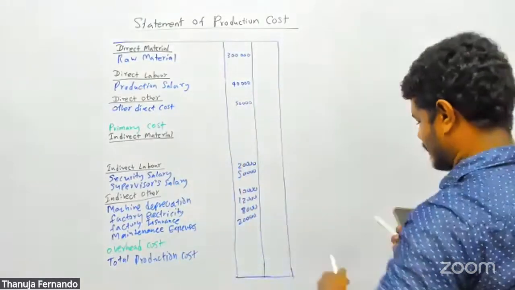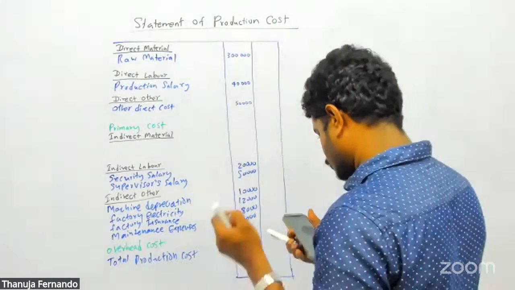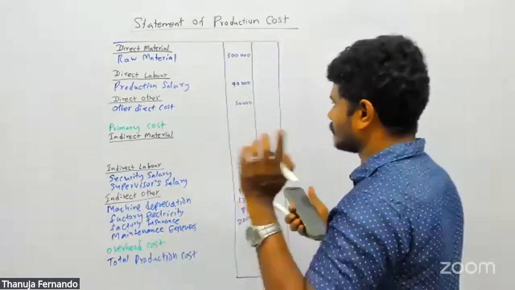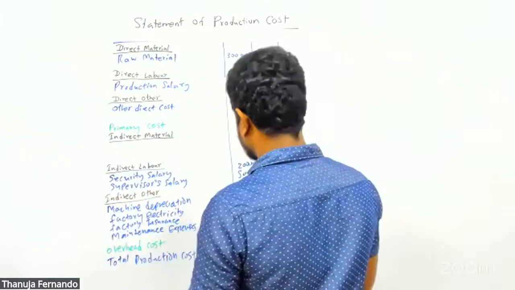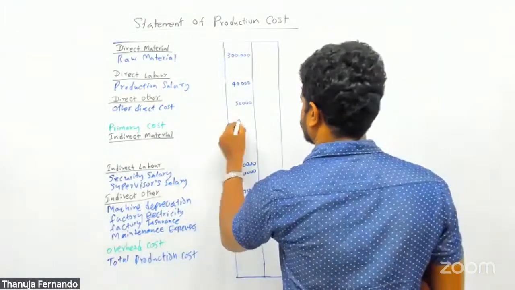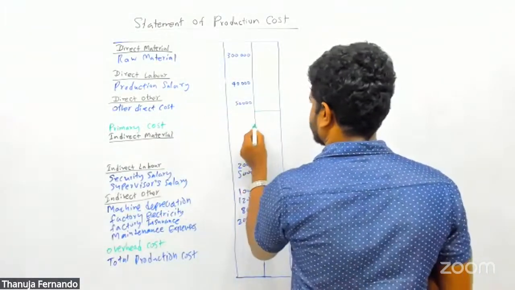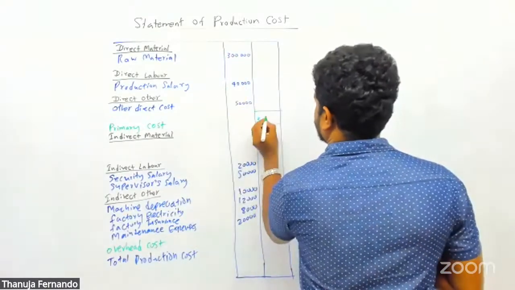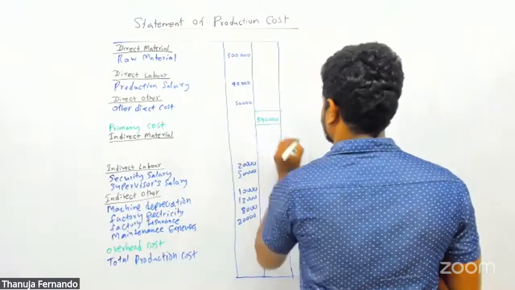We divide these. Then in this question, they are asking for primary cost and overhead cost first. First of all, we are going to calculate the primary cost. How much is the primary cost? We can take the primary cost here. 390,000 primary cost.